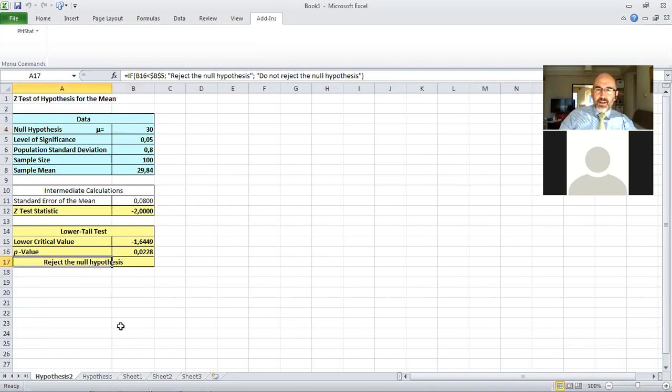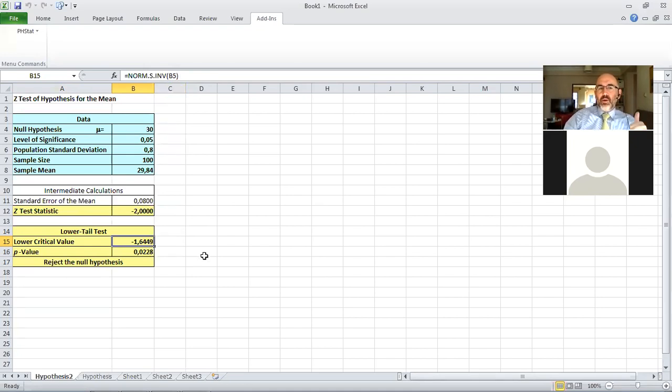Not surprisingly, the lower tail hypothesis is also rejected because the value we found was a negative z-stat. The z-stat doesn't change. Anything up to here, including the standard error and the z-stat, does not change. What changes is the critical value, because now we don't divide alpha by 2.